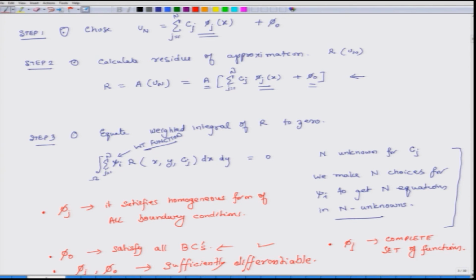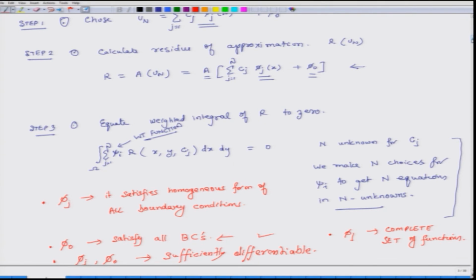I cannot have missing terms in between. So, phi j should represent a complete set of functions, and they should be linearly independent. So, these are the requirements for phi j. They should satisfy the homogeneous form of all boundary conditions, be sufficiently differentiable, be a complete set, and be linearly independent.